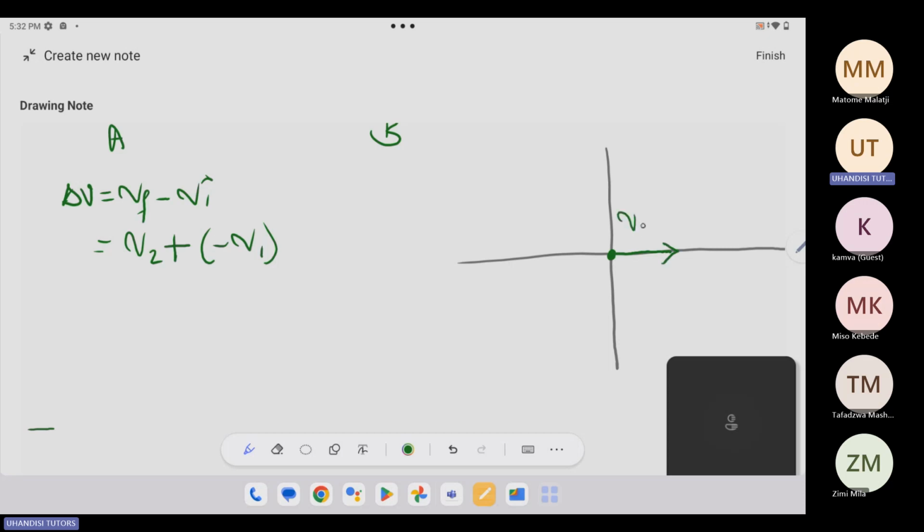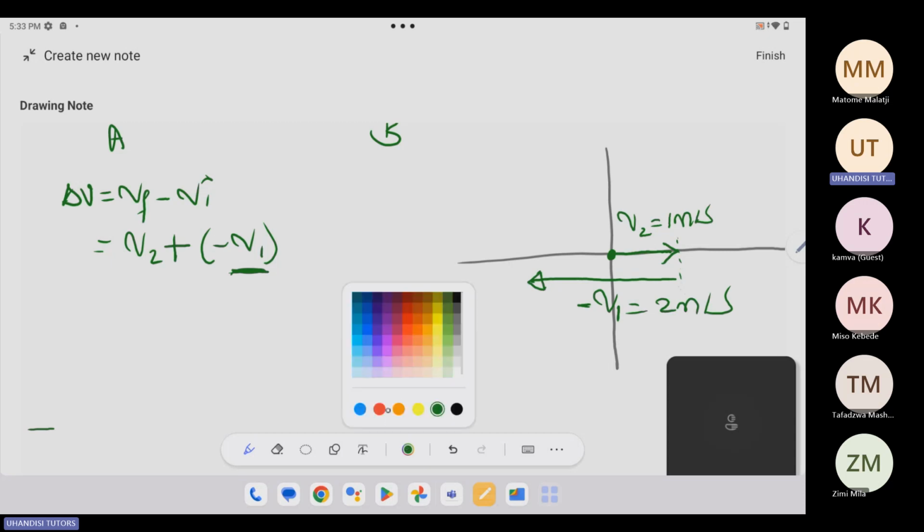This is v2, with a magnitude of 1 meter per second. And then at the head of that vector, I'm going to draw v1, but now my v1 should be in the opposite direction. So that's my minus v1. It is twice the magnitude of v2, hence you can see that the length of v1 is greater than the length of v2. This is your minus v1 vector with a magnitude of 2 meters per second.